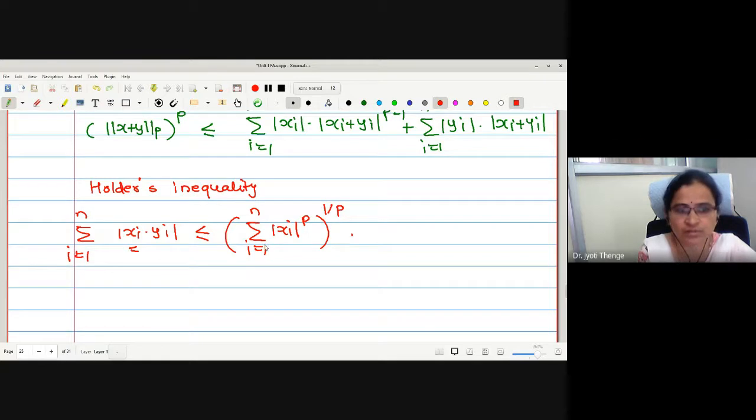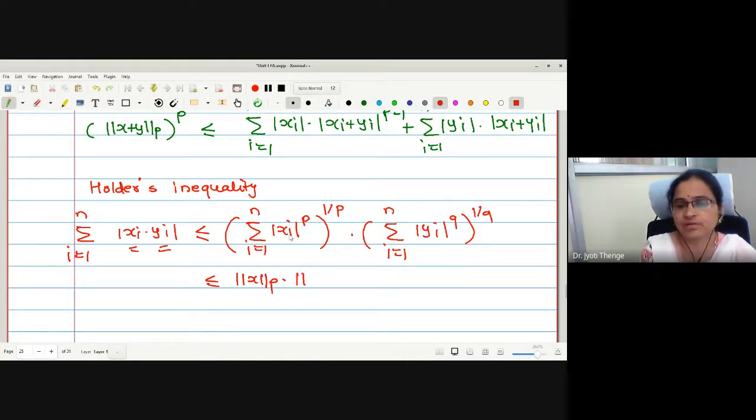Now the second term is taken in another bracket, summation i equals 1 to n |yi| raised to q, raised to 1 by q. Here I can write directly, this is norm p of x. And what about this norm? If the term is raised to p raised to 1 by p, it is norm p. Here we have raised to q raised to 1 by q. Therefore, may I write this is norm q of y.